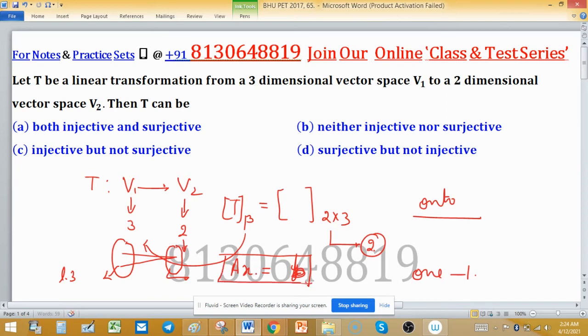If there is more X exists here, it means that this system has many solutions, more than one solution.